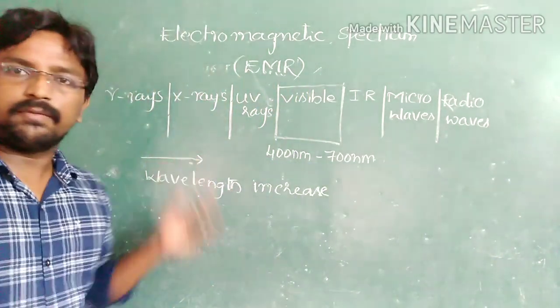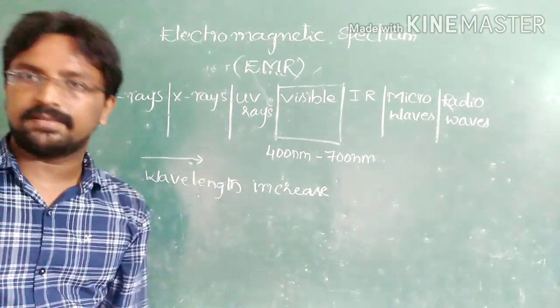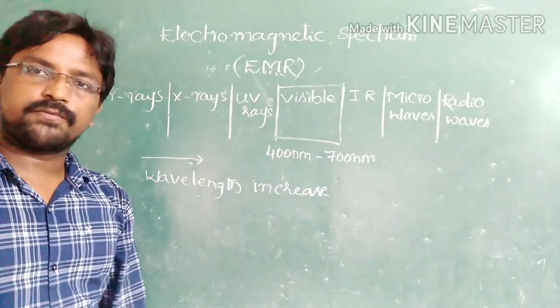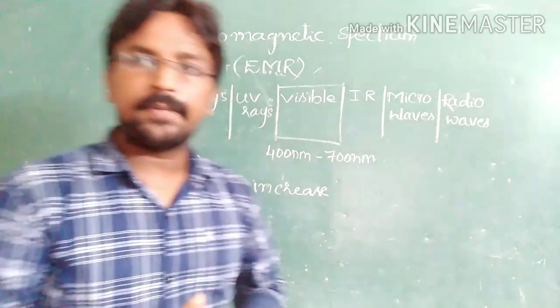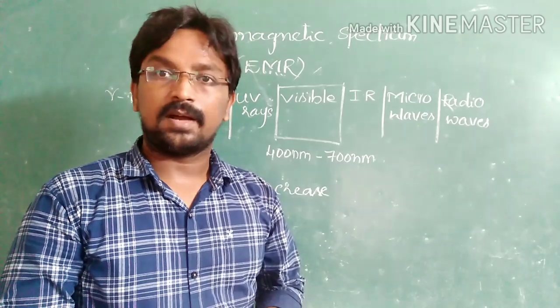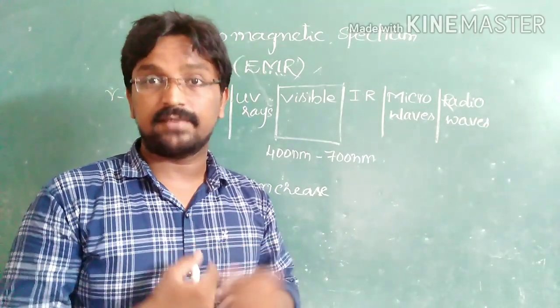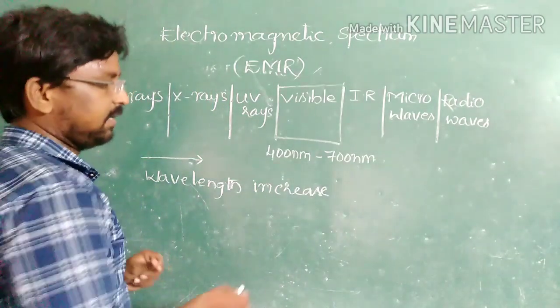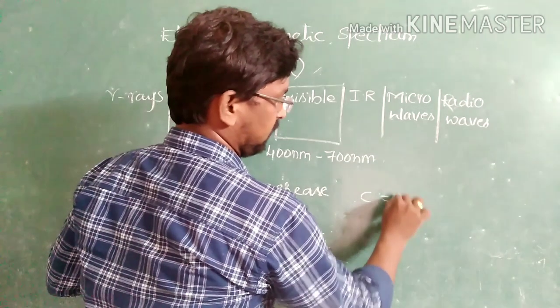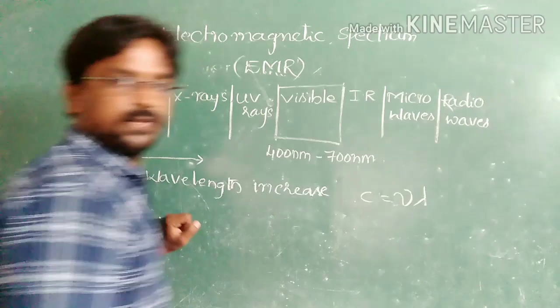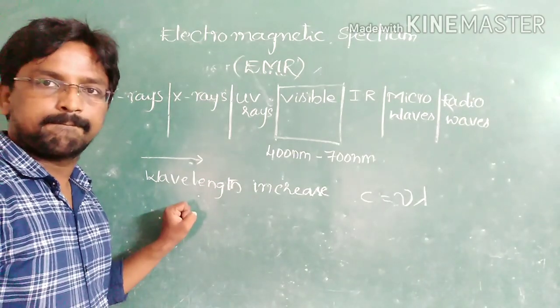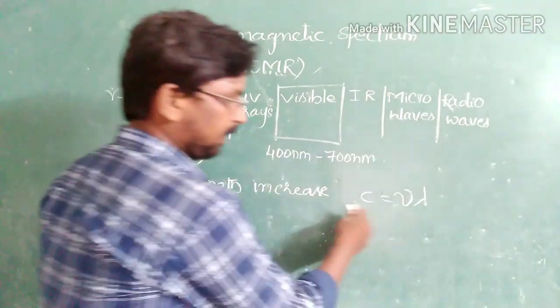If the wavelength is gradually increasing, what happens to the frequency? Already in the last video we saw the relation between frequency and wavelength. What is that relation? c = νλ.